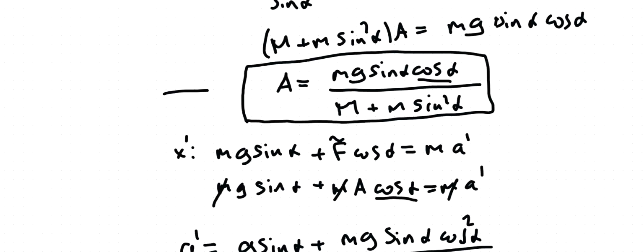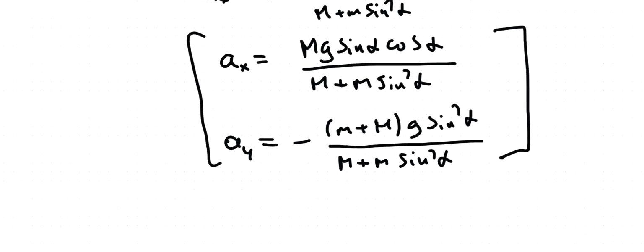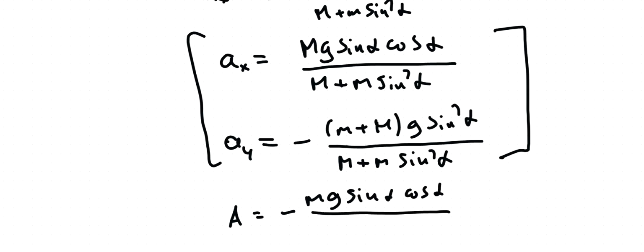Let me write that down. Those are the final answers. So A is, and now I will put a minus sign, and I will explain why I put a minus sign. M plus m sine squared alpha.